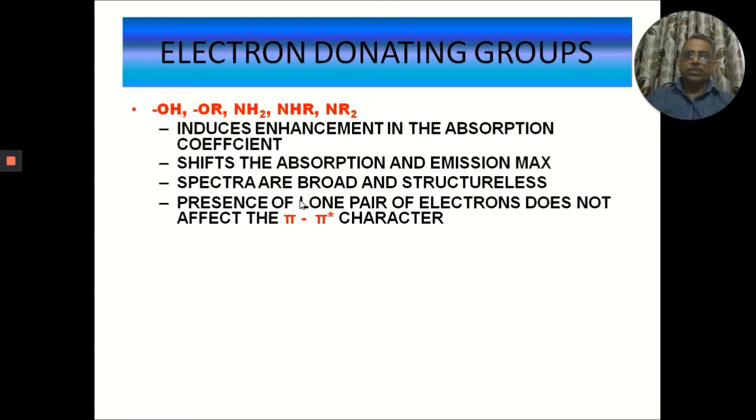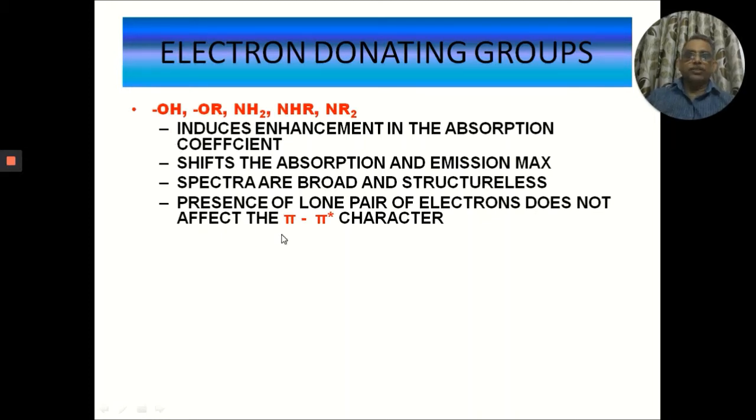Whereas if you have these non-bonded electron systems in the ring, like nitrogen heterocycles, you can immediately see that the n to pi star becomes lower energy. By keeping it outside the ring, they do not influence much of the pi to pi star character.